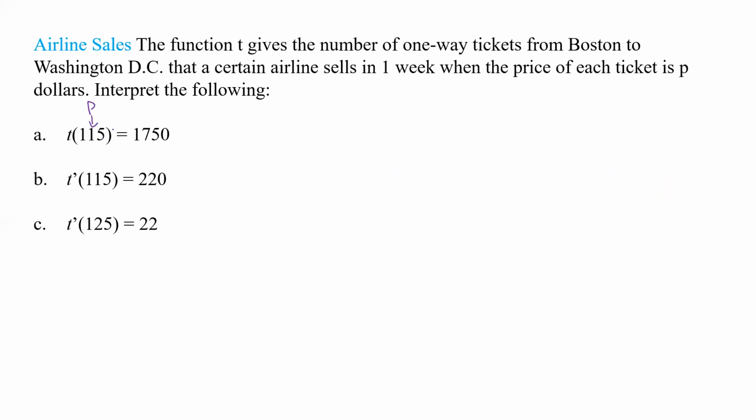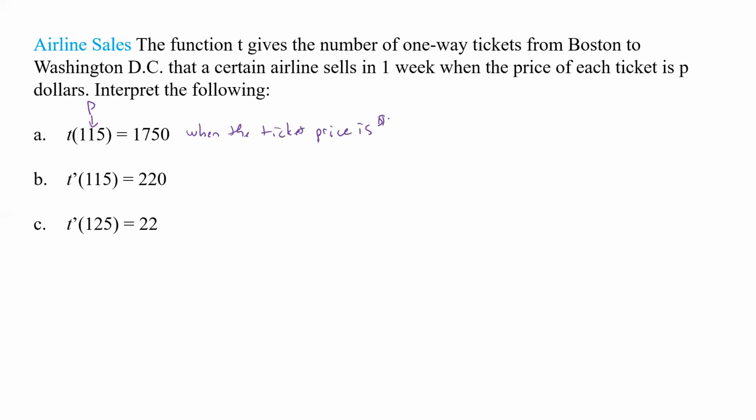So the price, when it's $115, the airline is going to sell 1750 tickets from Boston to Washington D.C. in 1 week.